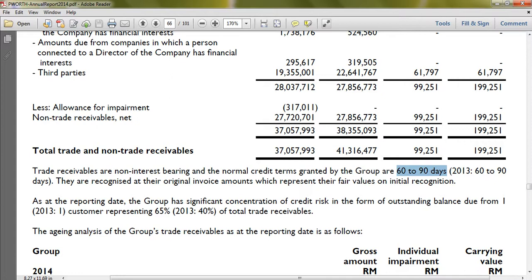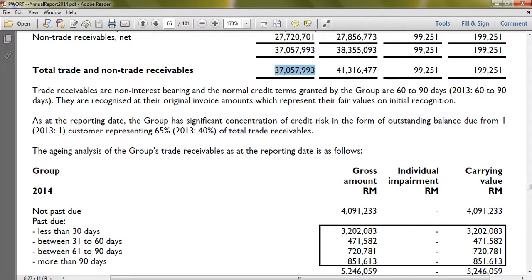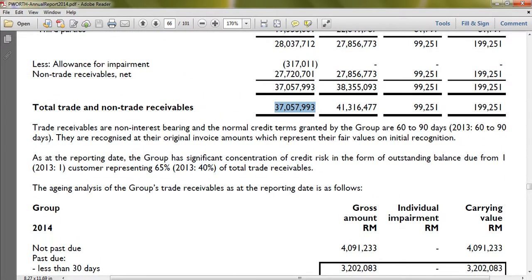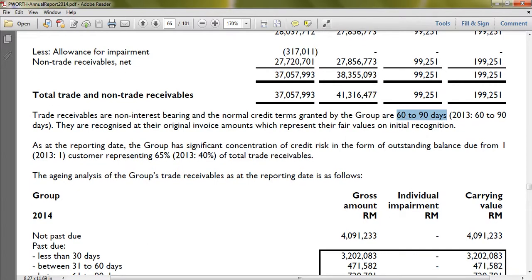So I will take 60 days or 90 days to pay you. This is just an invoice. They're expecting to get the monies. If something goes wrong, it goes to zero. So sometimes this might become a liability to the company. It depends, because 60 to 90 days is quite some days.